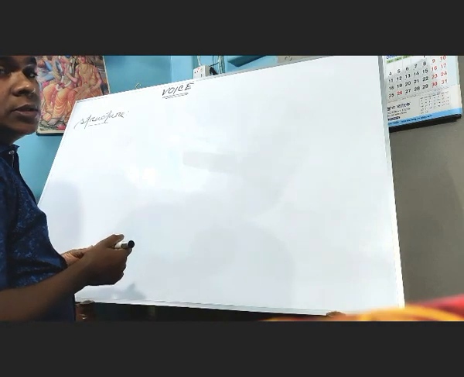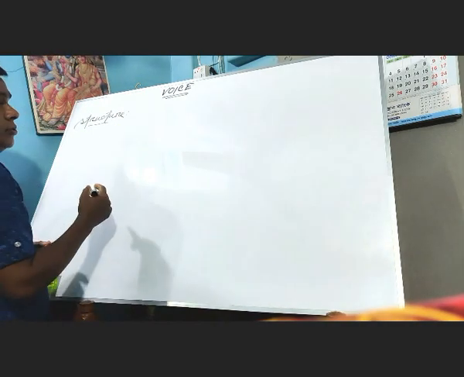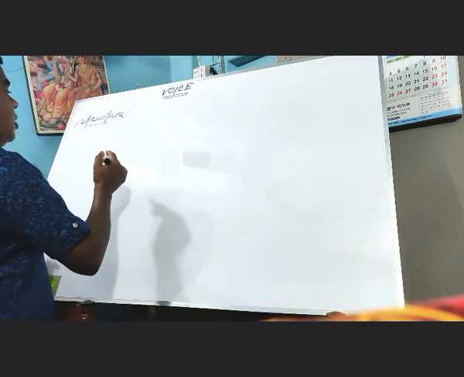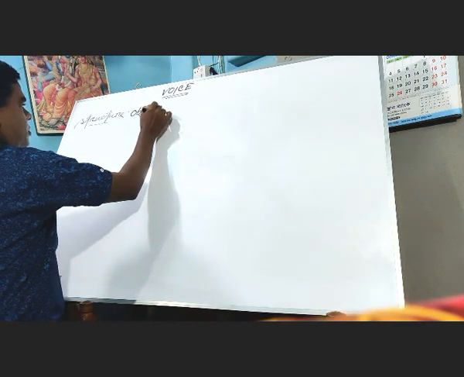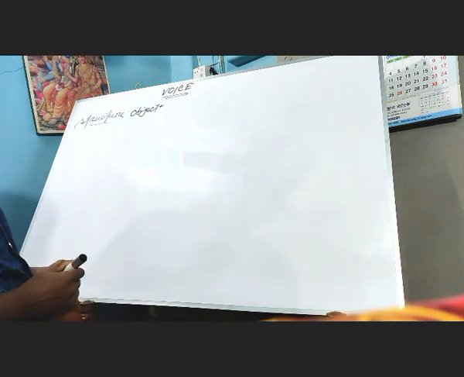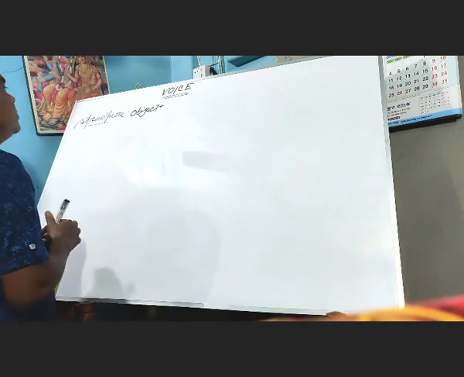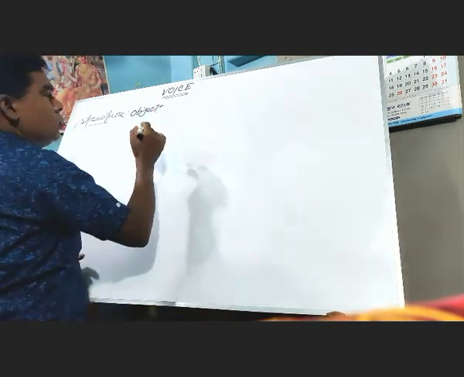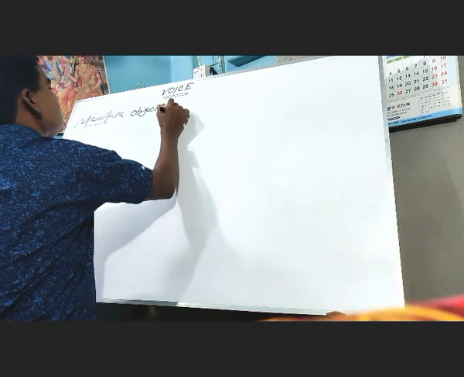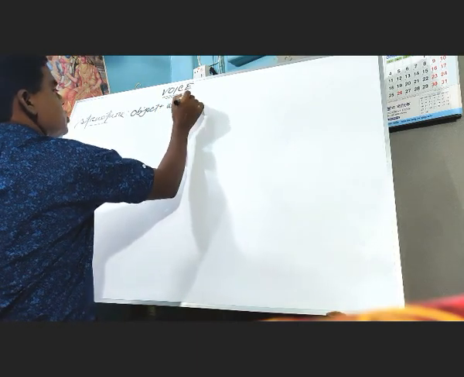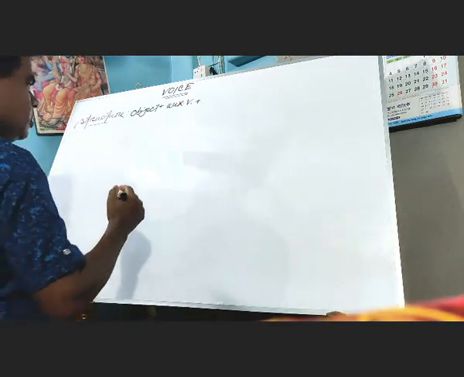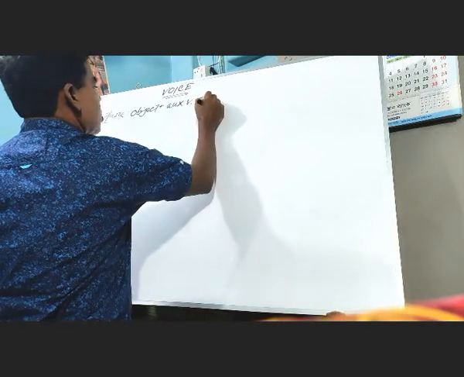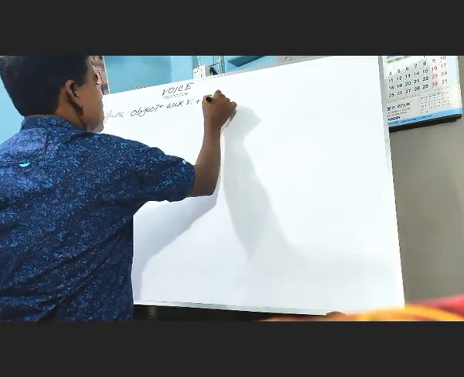In our previous class, I told you, students, what is the first item of changing a voice? Object. Okay, object. The second activity is to use auxiliary verbs.